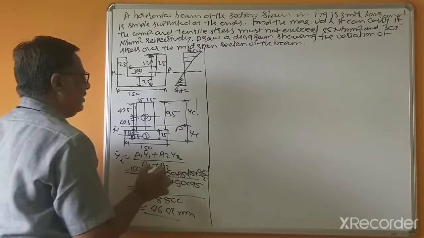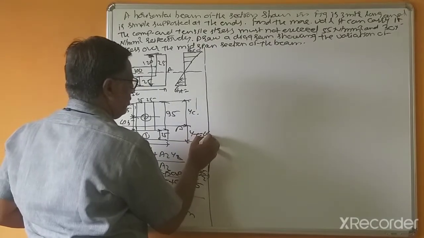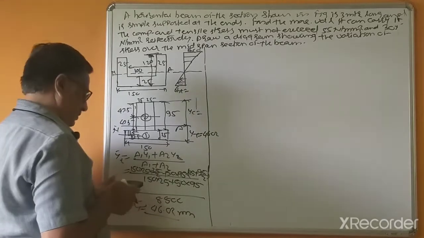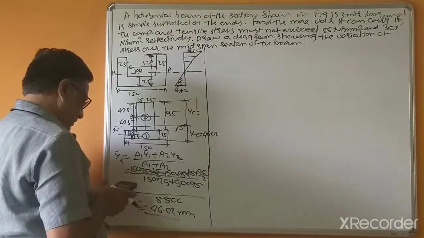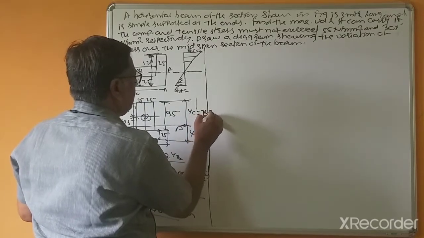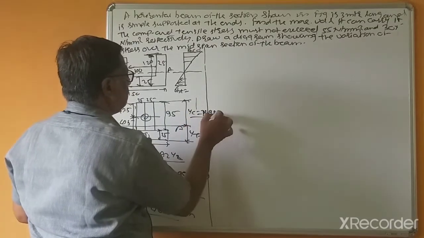So this is YT, 46.02, and YC equal to 73.98.